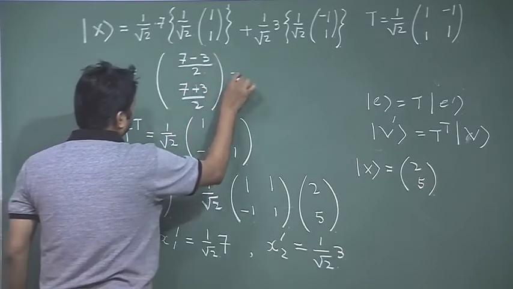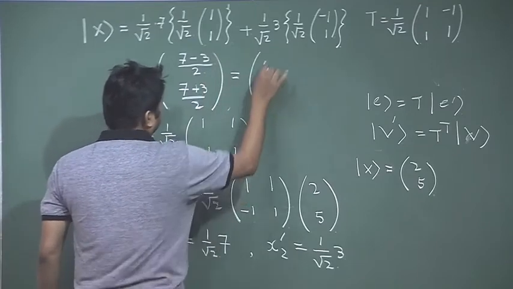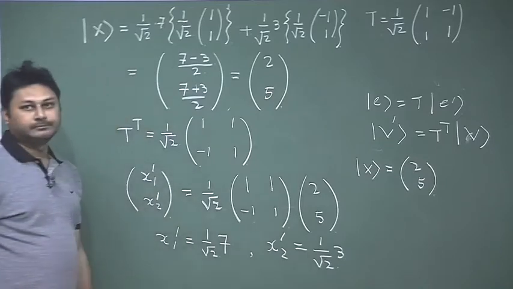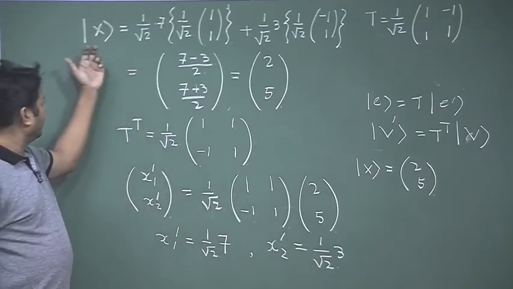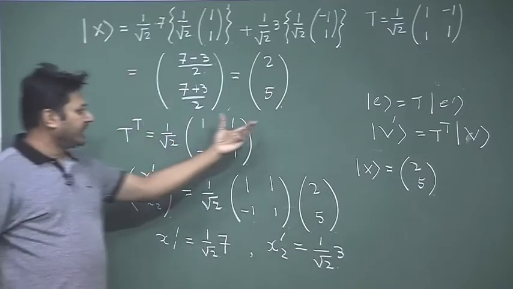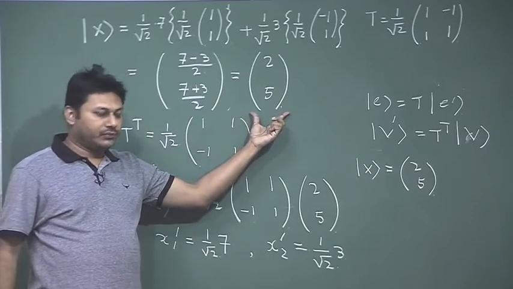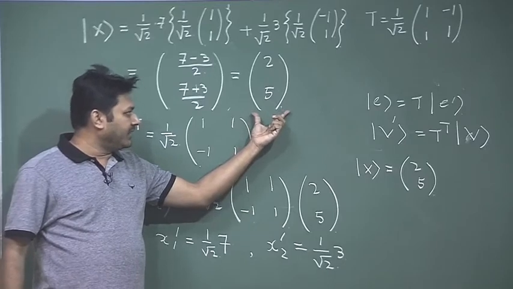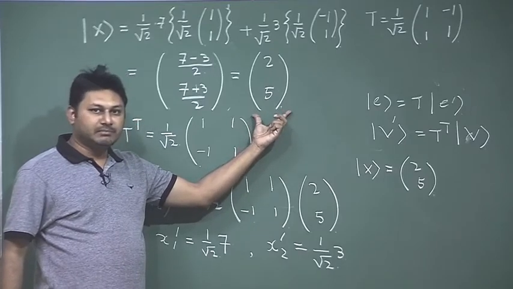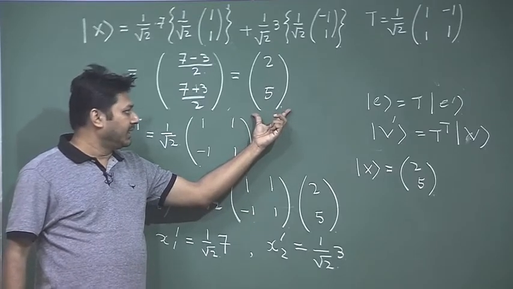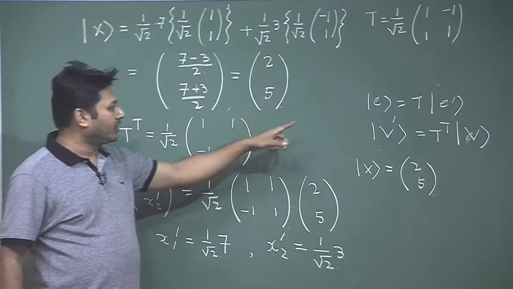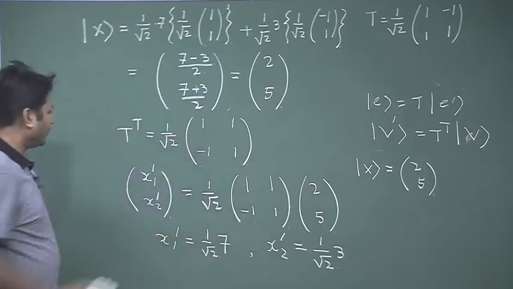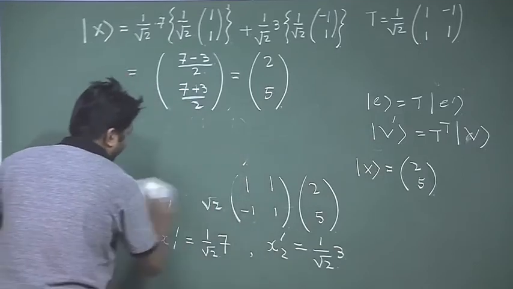These are the two components in this form, and this is essentially my old vector 2 and 5. So that means the vector can always be represented in the form of its natural basis, which is 2 5. When I write any vector in this form, that essentially means that I am writing this vector in the non-prime or natural basis, here it is E, but I can also write the same thing in the prime basis also.